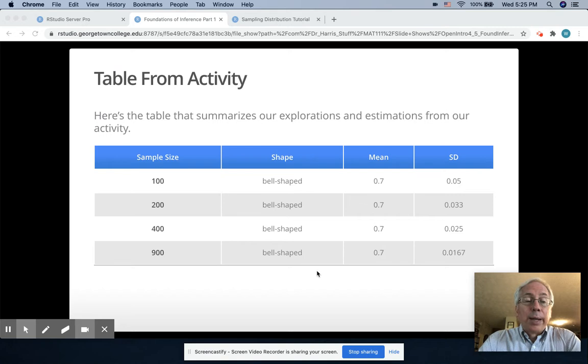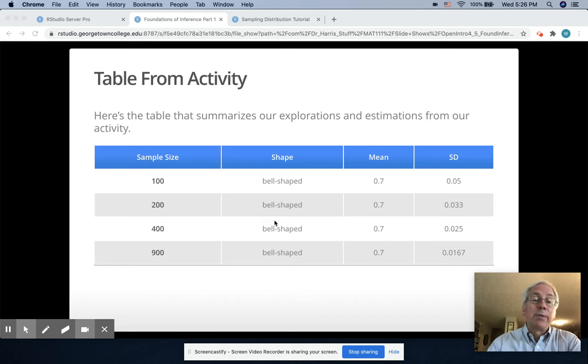What we've got here right now is the table that appeared at the end of the demonstration slideshow. What we noticed is that we were trying to approximate the sampling distribution of a sample proportion. That is, we took a large number, I think 10,000 samples of various sizes, and we computed sample proportions from a population that had proportion 0.7.